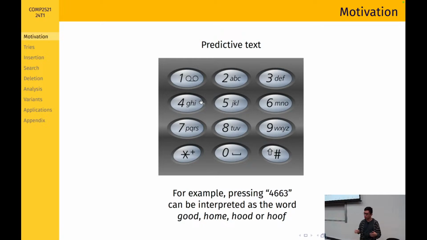So in order to type good, for example, you would press the buttons 4, 6, 6, 3, because 4 has the letter G, 6 has the letter O, and 3 has the letter D. But each sequence of button presses might actually correspond to multiple words, which is interesting. Once you press a sequence of buttons, you might have to select which word you actually want to type.